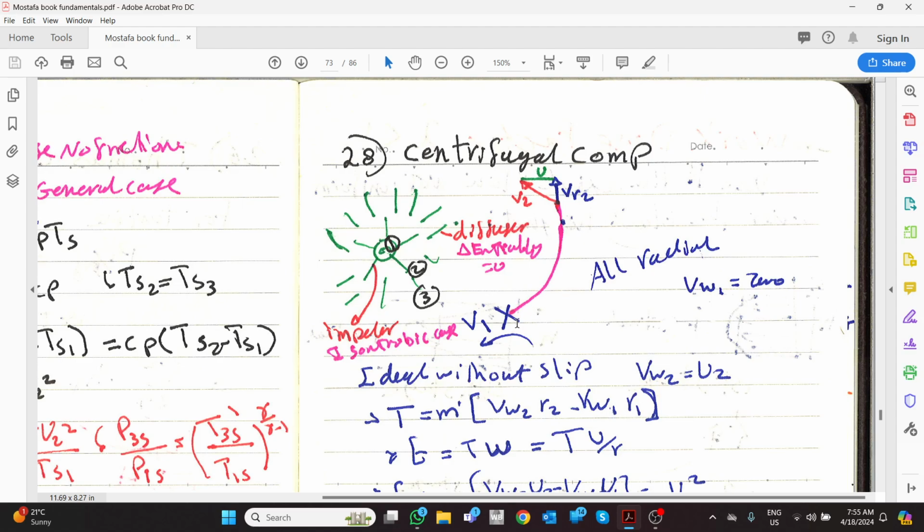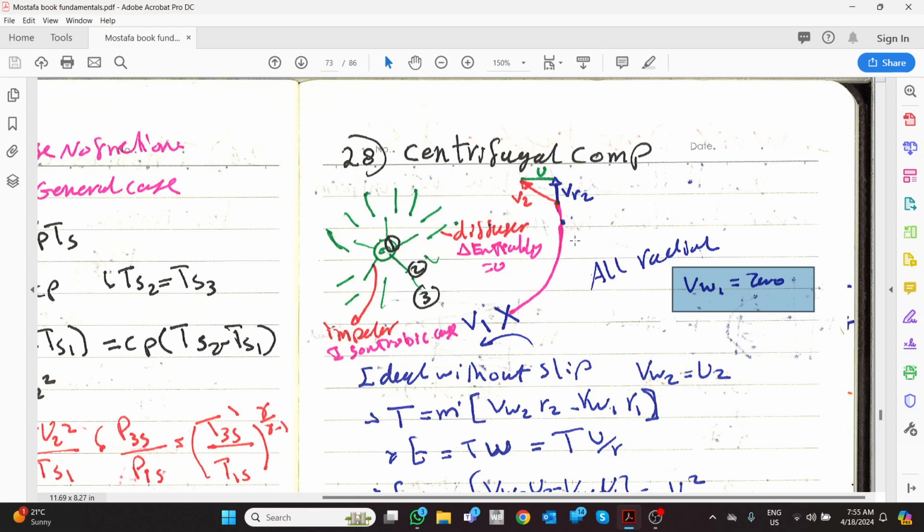It is still similar to the centrifugal pump. There is no whirling velocity at the inlet, which is equal to 0. It is all radial.